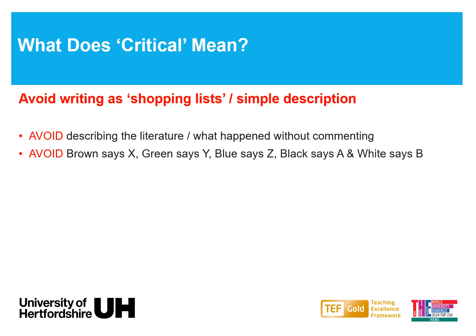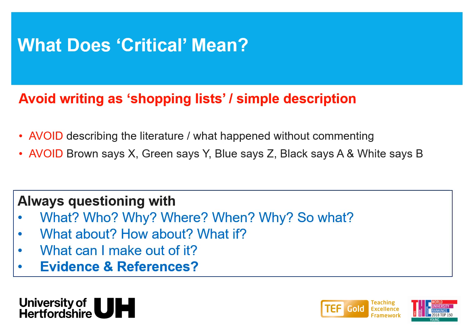So critical in academic writing means try to avoid a shopping list or simple description. Instead of just saying what X, Y, Z said, you need to have accounts from both points of view. So always ask questions like we discussed in the last presentation.